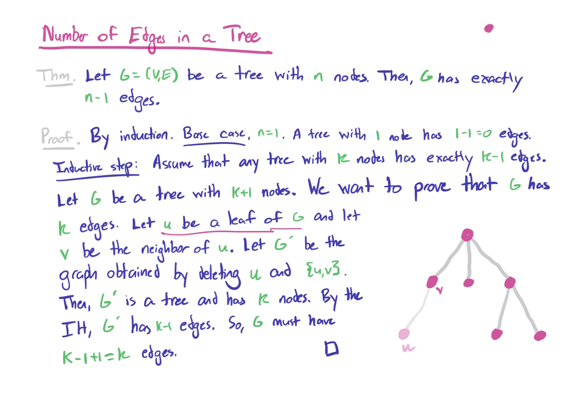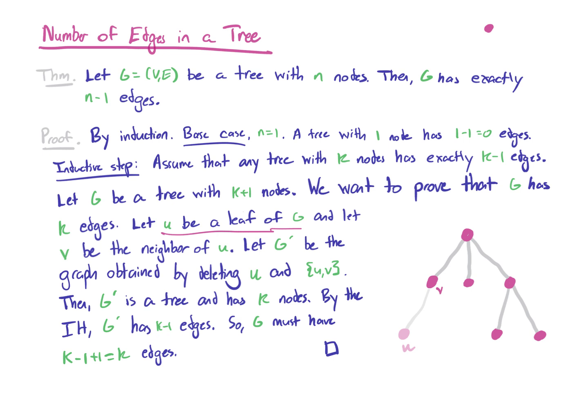But guess what? This G prime has fewer nodes. I started with G, a tree with k plus 1 nodes. Then I deleted one node, and now I have a tree with k nodes. Okay, so by the inductive hypothesis, the tree G prime that's left has k minus 1 edges.